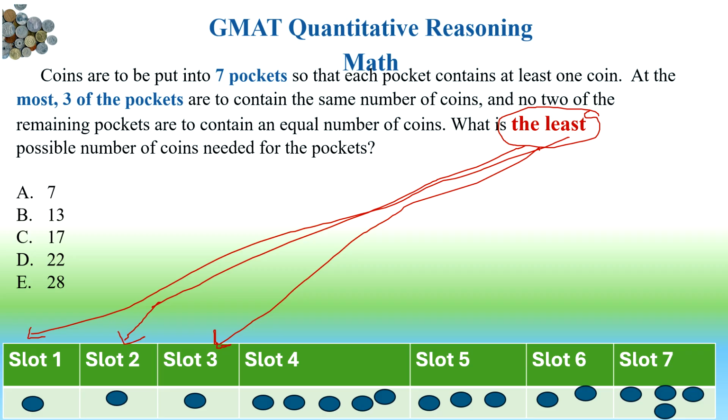So just do your least here in these 3 slots, and then you have 1, 2, 3. And then the rest dictate that to you, because now you have 1, 2, 3, 4, 5 here. So that's now 8. And then you have 3 here. That's now 11. And then you have 2 here, that's 13. And then the other part here is 4. So that's your 17. And it said least.